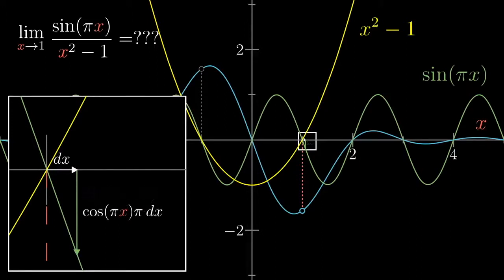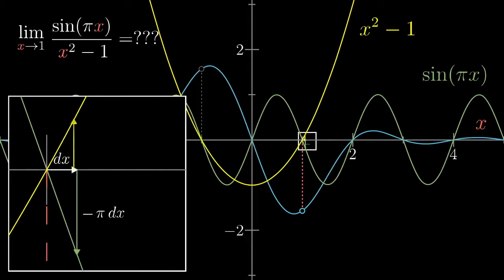Since the starting value was x equals 1, we plug in x equals 1 to that expression. In other words, the amount that this sine of pi times x graph changes is roughly proportional to dx, with a proportionality constant equal to cosine of pi times pi. And cosine of pi, if we think back to our trig knowledge, is exactly -1. So we can write this whole thing as -pi times dx.